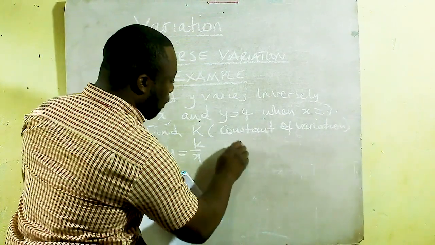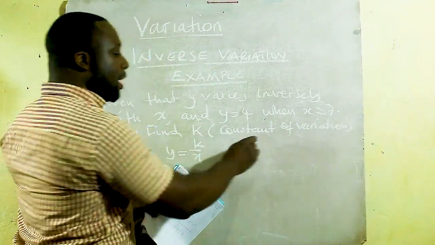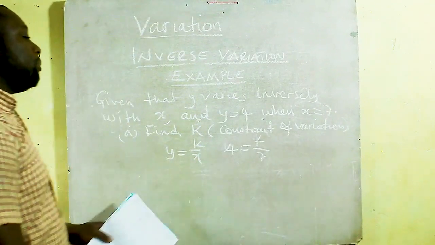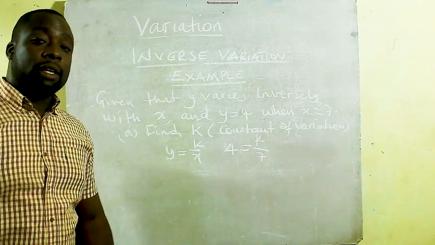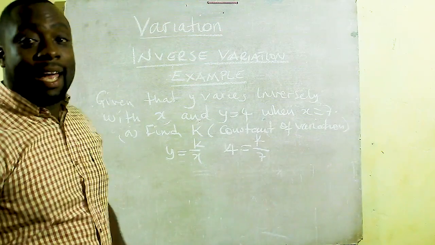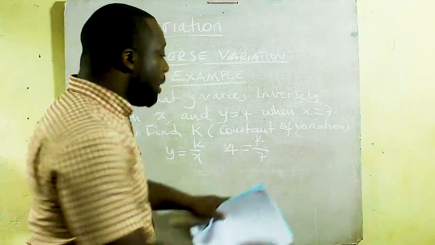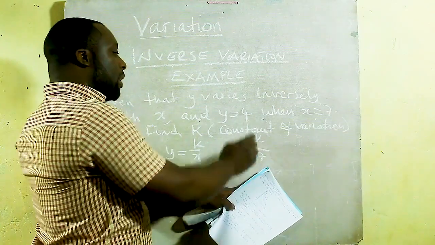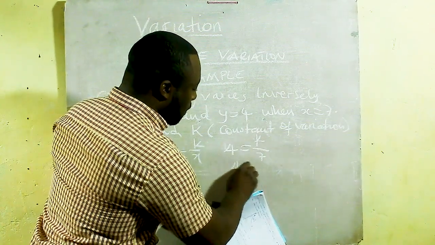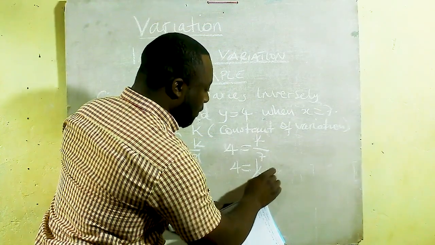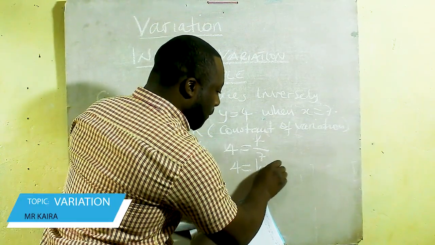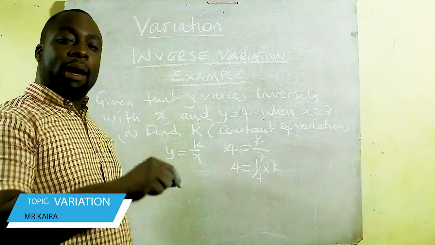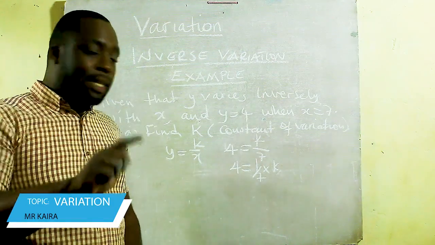So 4 is equal to, do we know k? No, that's what we are looking for, k over 7. We make k the subject of the formula by multiplying by the reciprocal of 7. This is the same as 4 is equal to 1 over 7 times k. So for us to get rid of 1 over 7, we multiply by the reciprocal, and that is 7.